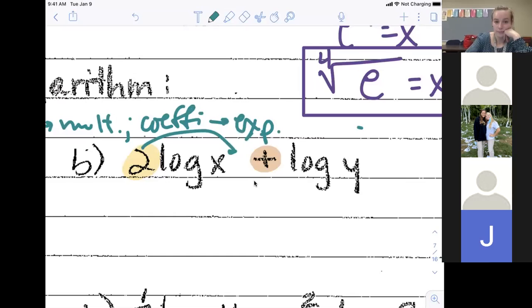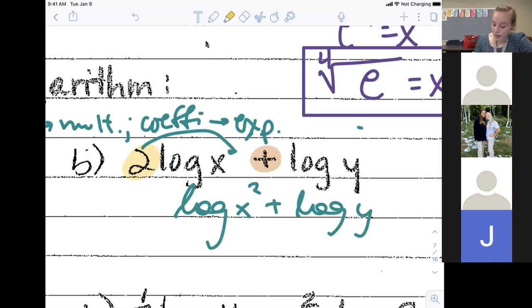I am going to do that coefficient to exponent before I do my multiplication. So I'm going to do log of x squared plus log of y. And now I do that addition into multiplication, multiplying the 2 things I'm taking the log of. So log of x squared times y.